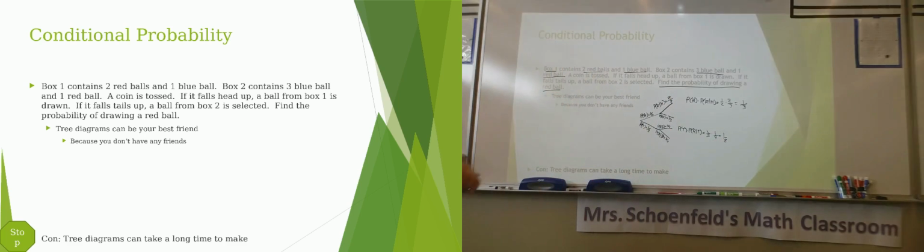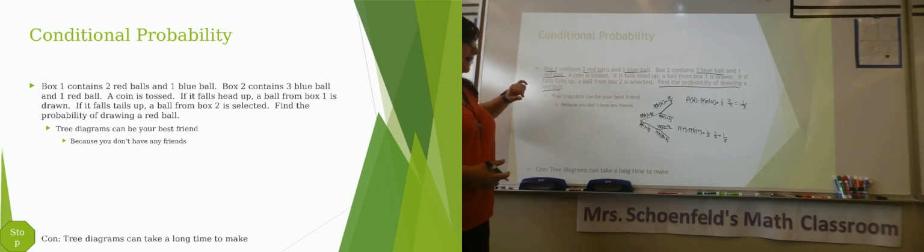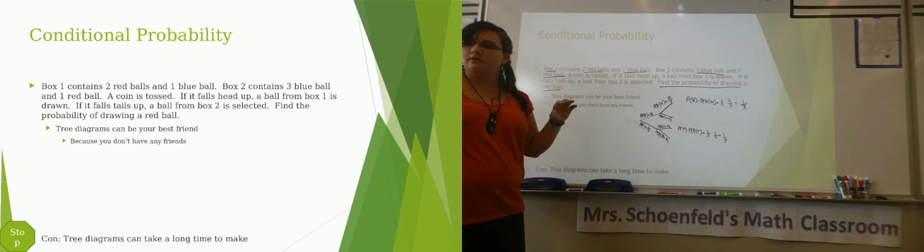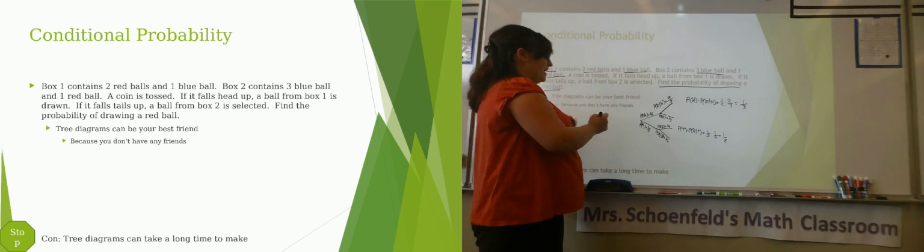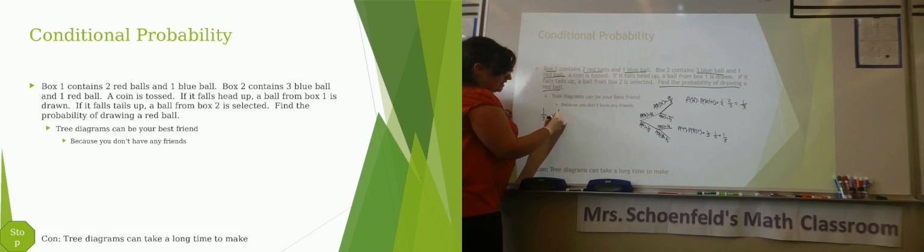So let me make sure I had those numbers right. Okay, that's fine. Those are the ones I care about just because they had red in them. So now I'm adding those up. It's just 1/3 plus 1/8.